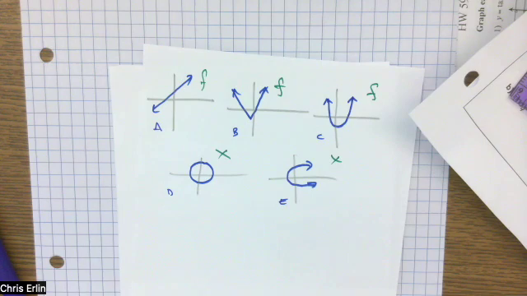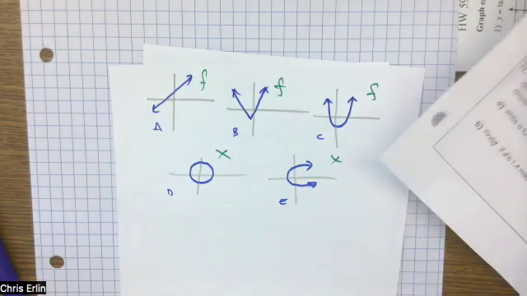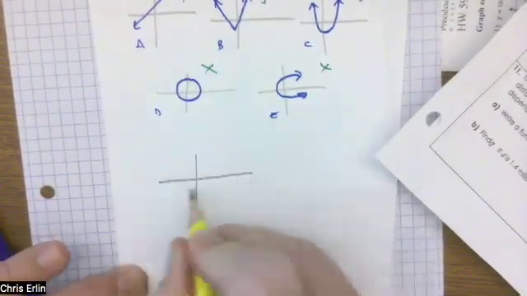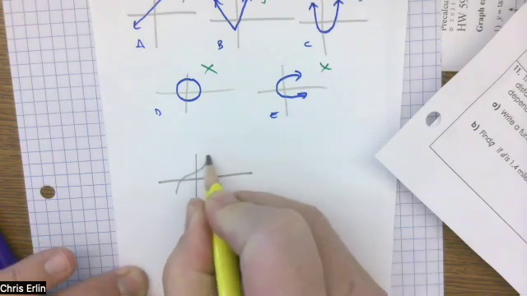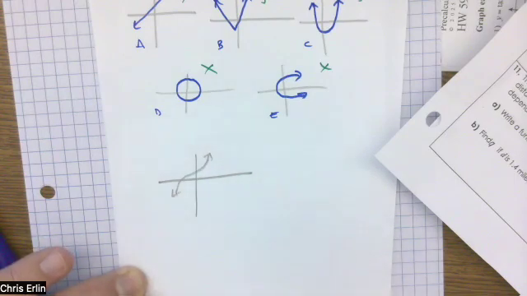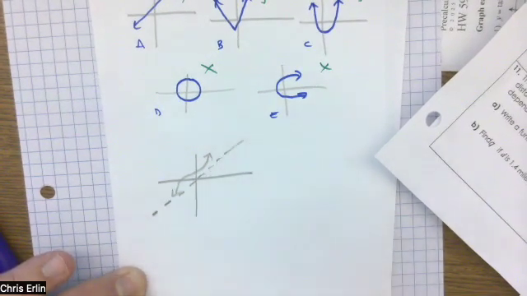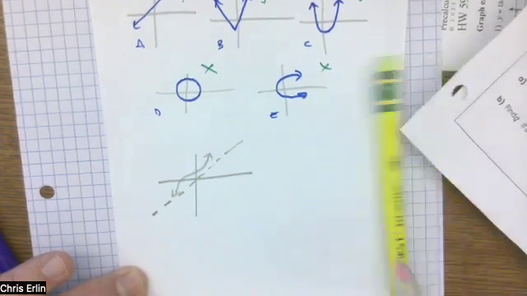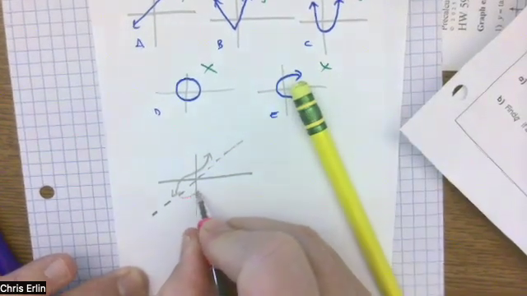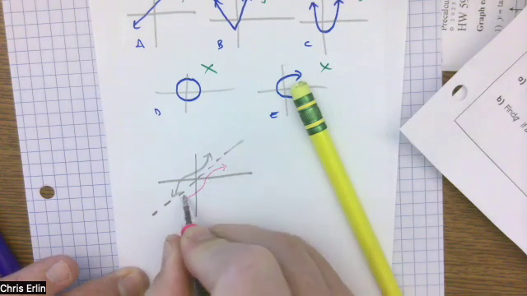Do you remember what one-to-one functions are? Good, inverse. In other words, that means that both the original function and the inverse are in a one-to-one relationship. Which means, for example, if I were to take this graph, some crazy looking graph, and I wanted to graph the inverse, we would have to say, here's the line y equals x, and we'd then be expecting a graph that looks like this, but is a reflection over the line y equals x.